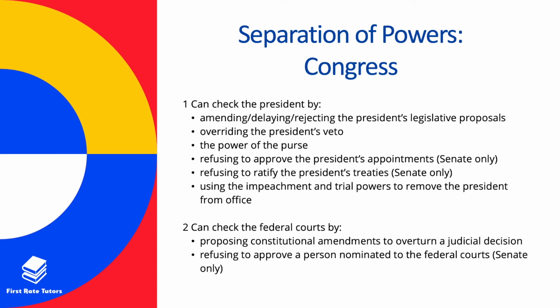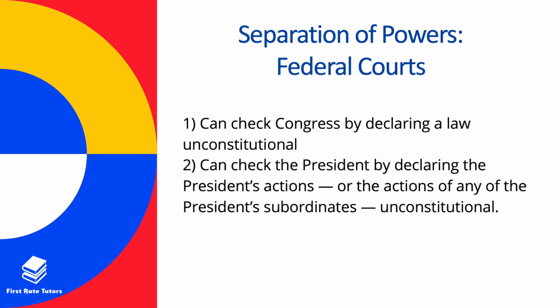Also, Congress can monitor federal courts by proposing constitutional amendments to overturn a judicial decision, and also refusing to approve a person nominated to the federal courts, and this is under the Senate. Now, when it comes to the power that the federal courts have, firstly, they can check Congress by declaring a law unconstitutional, and they can also monitor the president by declaring the president's actions or actions of the president's subordinates, such as the vice president, as unconstitutional.